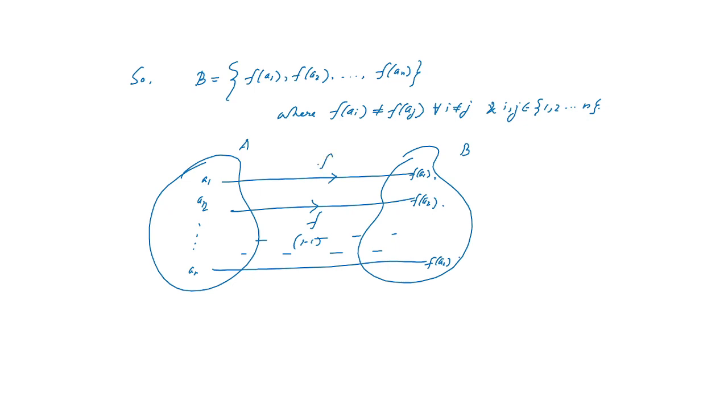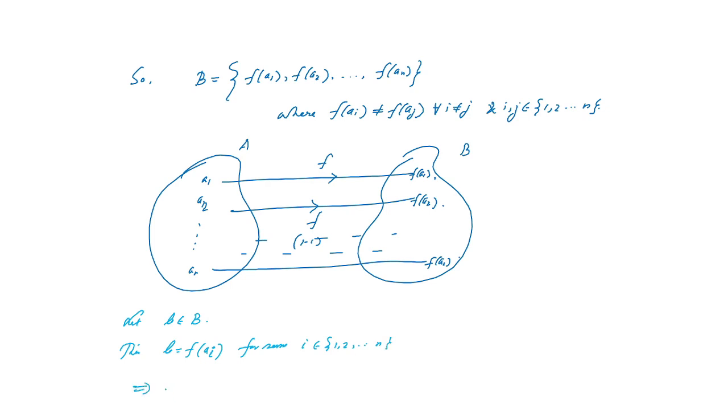Now we have to show here f is surjective. So what will we take? We will take an arbitrary element from B. Say let b belong to capital B. Then b equals f(ai) for some i belonging to 1 up to n.